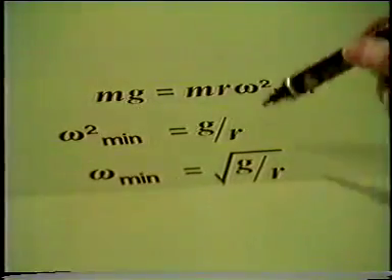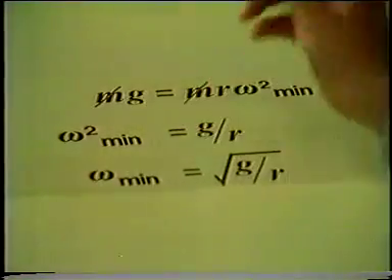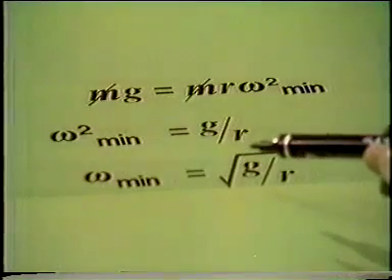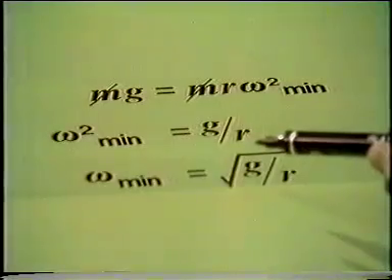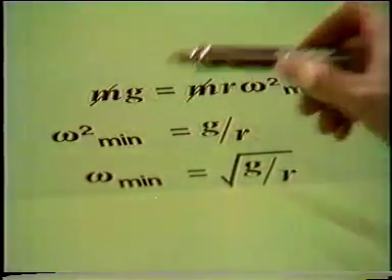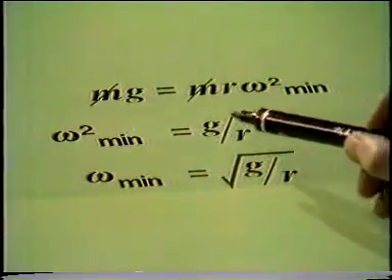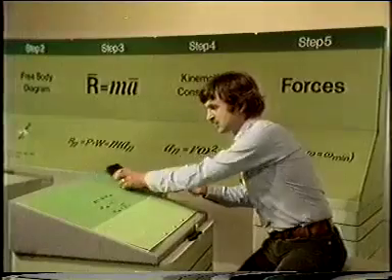And it's interesting to note that the mass of the man cancels out on both sides of the equation. And that's an interesting point because it means that the safety criterion will not depend on the mass of the individuals who get onto the wheel. And we'll test that proposition later. So with the mass cancelled, we get omega squared min is equal to g over r, or the minimum speed is the square root of g over r. We can calculate that.